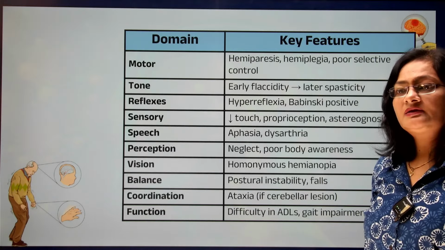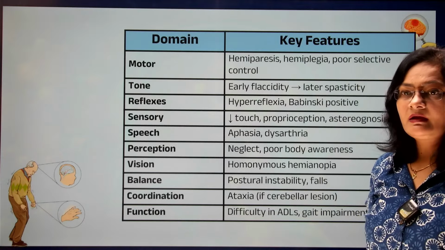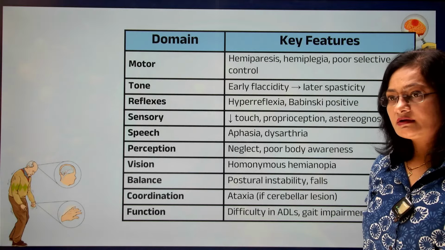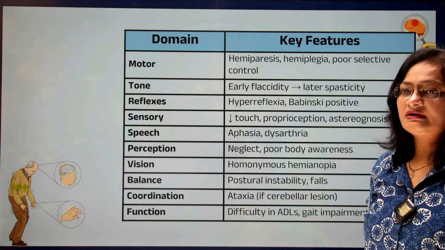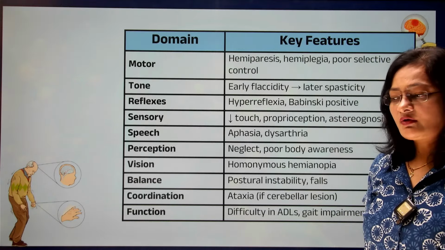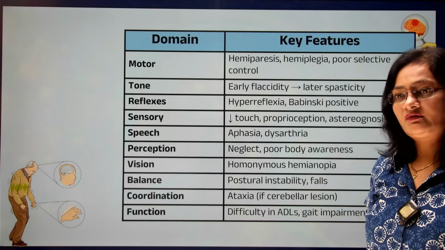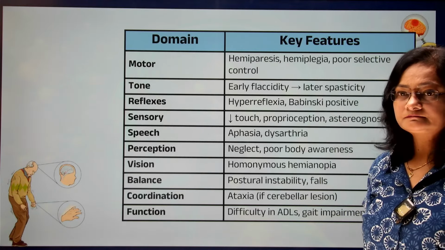Perceptual problems also sometimes occur in stroke patients. Vision: sometimes stroke will result in homonymous hemianopia. Balance will be affected, specifically postural instability, and frequent falls are common.